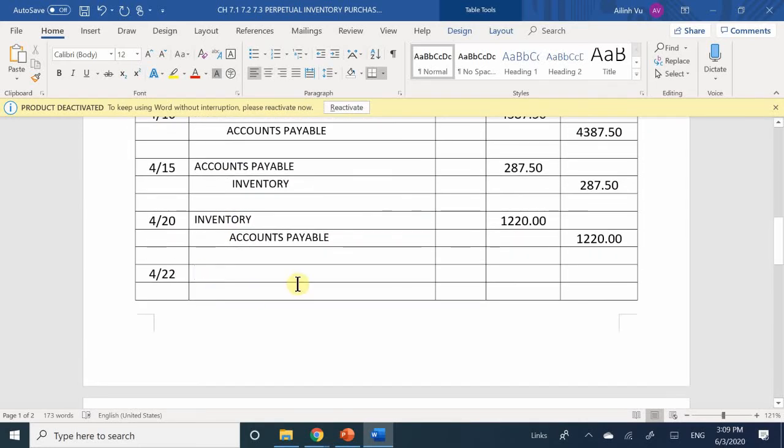April 22nd, we decided to return the cups, and they denied us, so they're giving us a discount. So we recognize what accounts? Accounts payable and inventory.